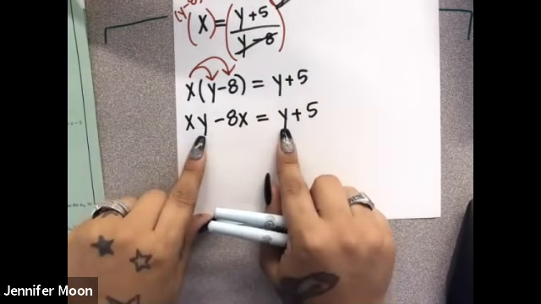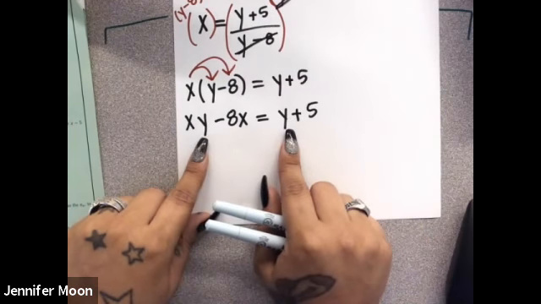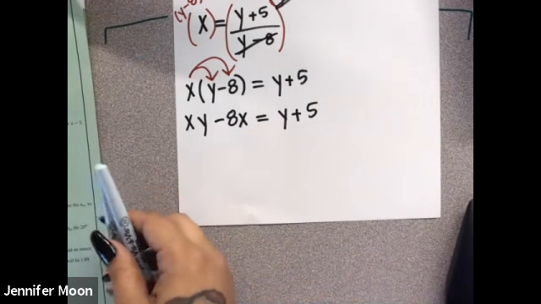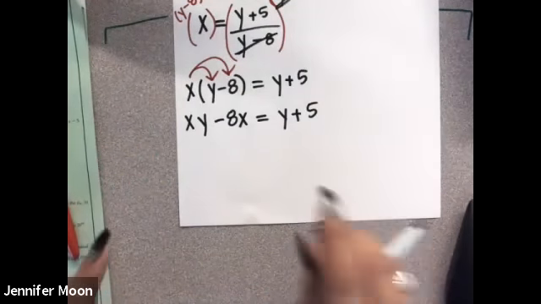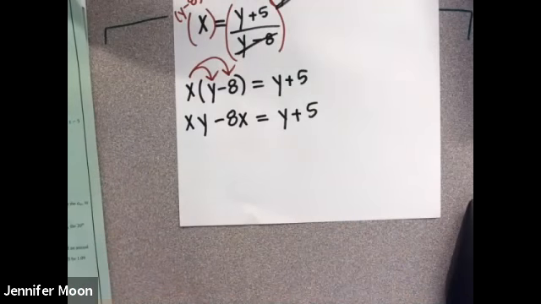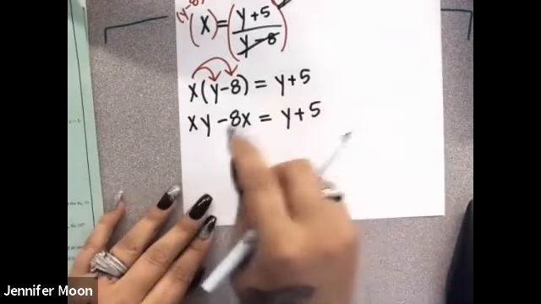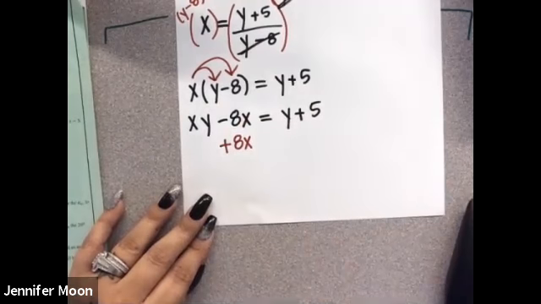So the only way, if I have a y on the left and I have a y on the right, that I'm going to get them alone is to put them together. So I want to put my y's on one side and I want to put my x's on the other. That's a very important step to solve this correctly, okay? Now, what I mean by that is, I'm going to do two steps in one here. I need this negative 8x to move because it has an x.